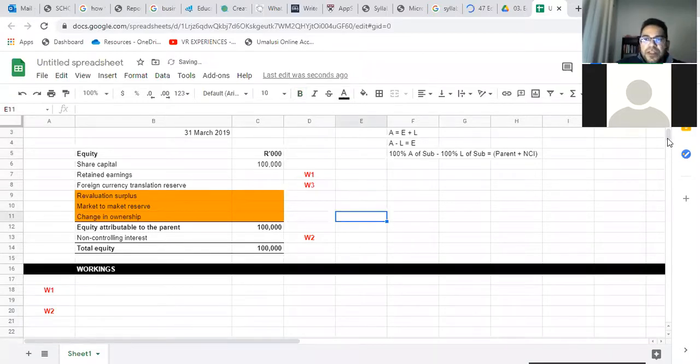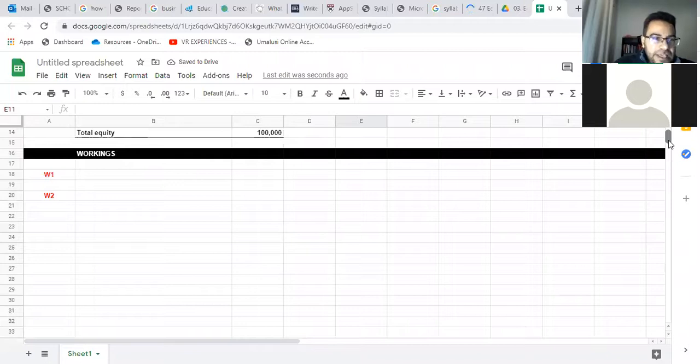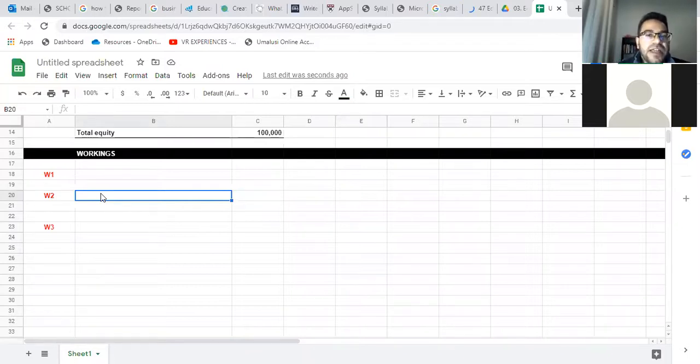So remember, the NCI is made up of the following. In this scenario, remember below the trial balance, I said the NCI of 45 million, that is all the other subsidiaries.